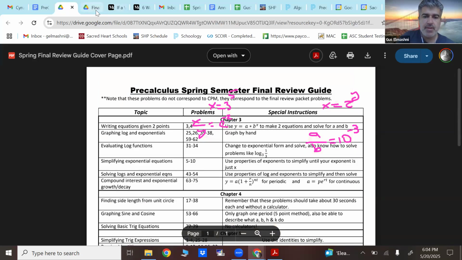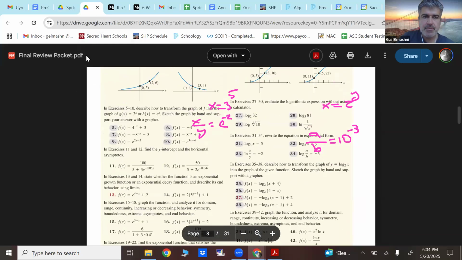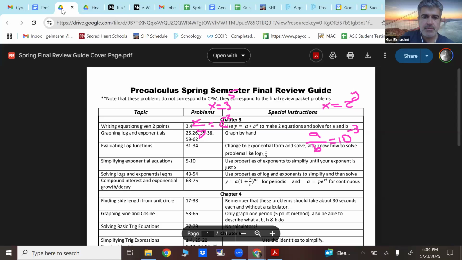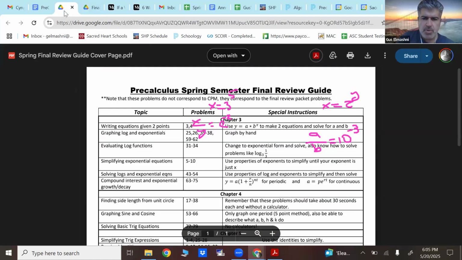The next step is 5 to 10. Simplify exponential equations.